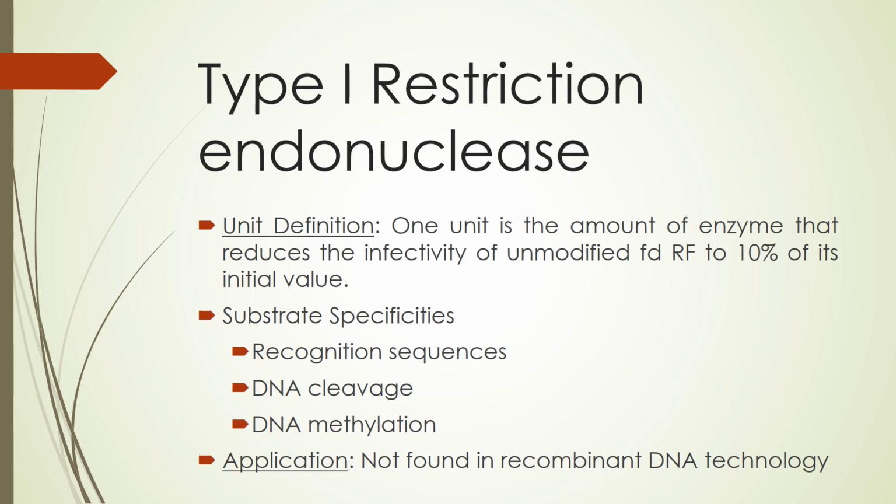Now we come to type 1 in detail. Type 1 enzymes are probably the most complex of the restriction modification systems. They are made up of three subunits, require two cofactors, and have at least three enzyme activities. Several type 1 restriction modification systems have been identified in Escherichia coli, Salmonella and Citrobacter.